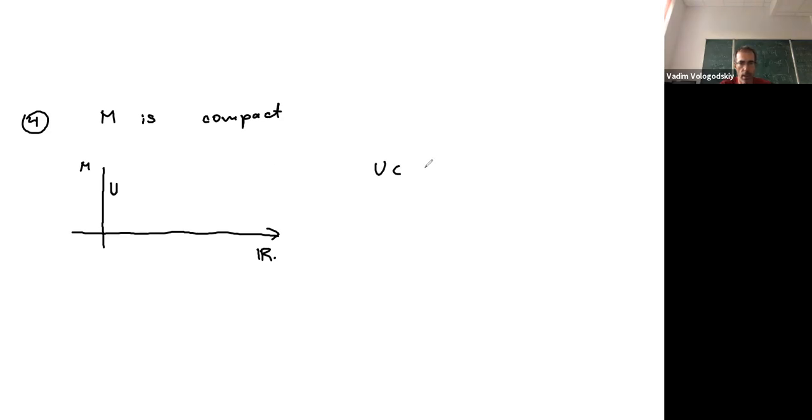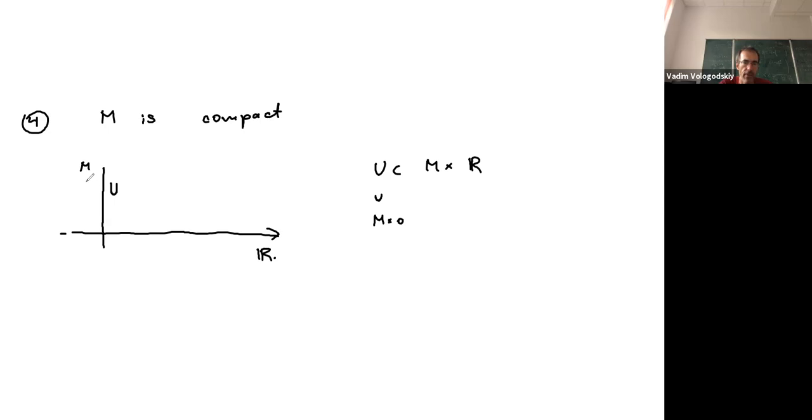U is an open subset in M times R. And this open subset definitely contains M times 0, right? Because on M times 0, my phi is the identity.